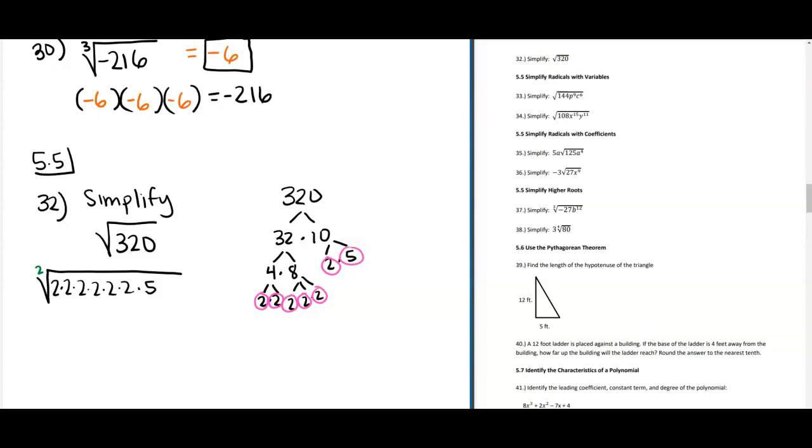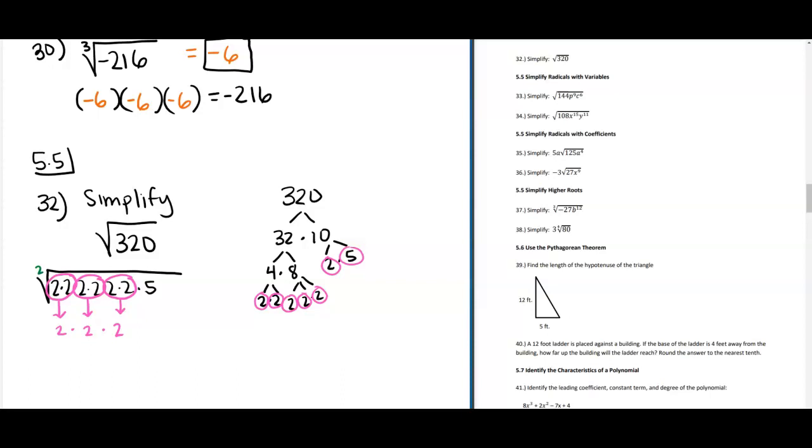So this pair of 2's gets to come out as a 2. We've got another pair of 2's that comes out as a 2, and another pair that gets to come out. When they come out, they're multiplied together. But notice this 5 doesn't have anybody to pair up with, so it is stuck inside.